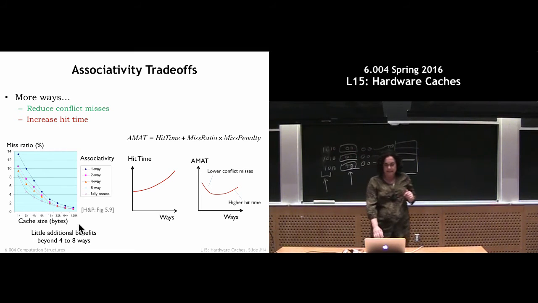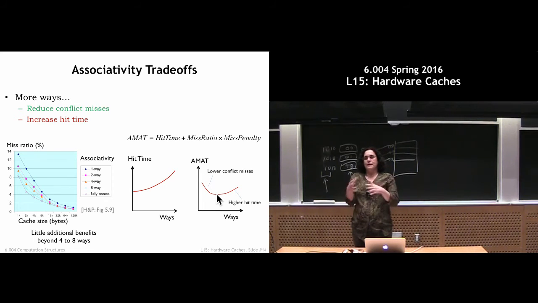Basically, if we look at what happens as we increase associativity, our hit time goes up, okay? Because now we have more logic that's going to have to compare which one of my ways matched, and as a result of that, that's going to directly affect the amount of time it takes me to determine if I got a hit or not. Similarly, we know that our average memory access time, as we increase the number of ways, initially is going to get better because we're going to get rid of our conflict misses.